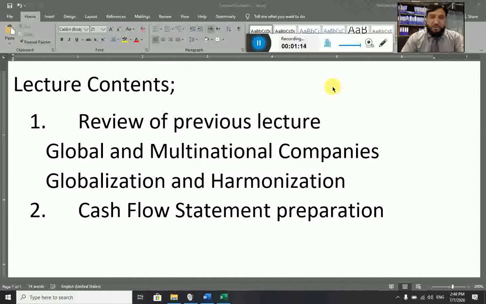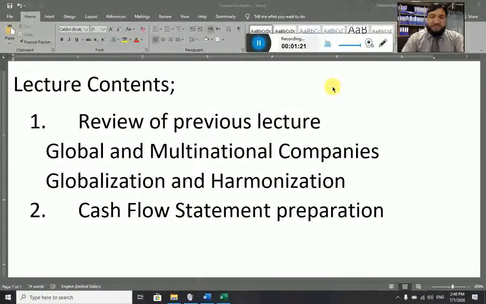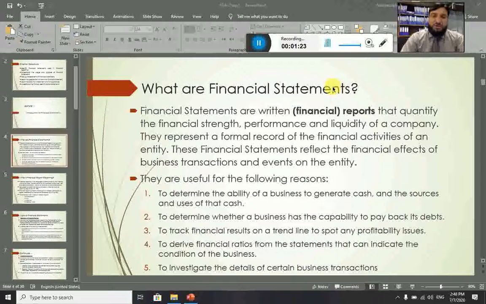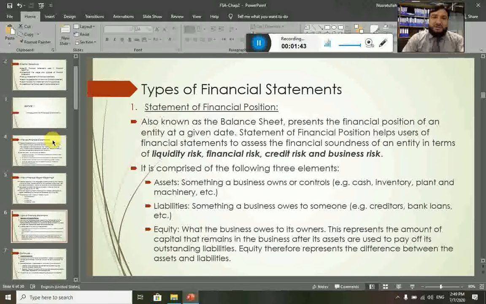So let's begin with the first objective of this lecture, which is the review of the previous lecture. In previous lecture number 4, we had a discussion on financial statements, financial reporting, the objectives of financial reporting and financial statements, the components of financial reporting and types of financial statements.